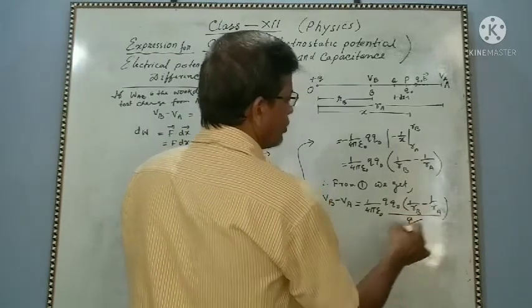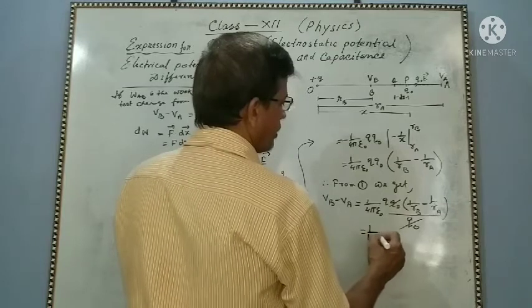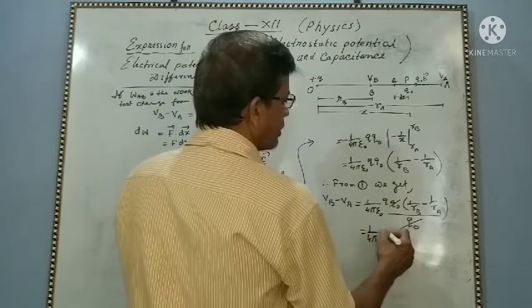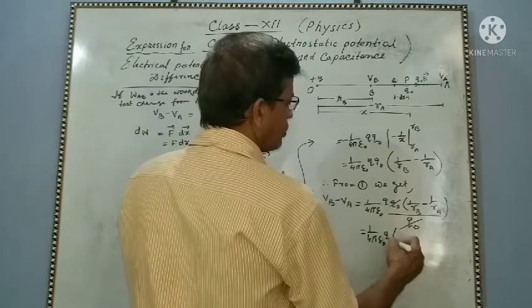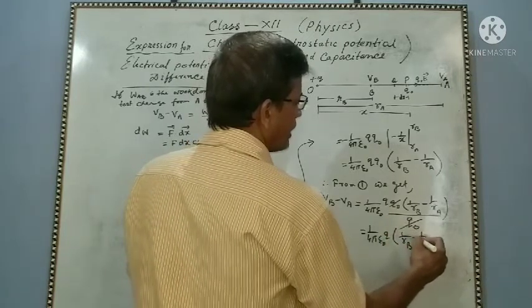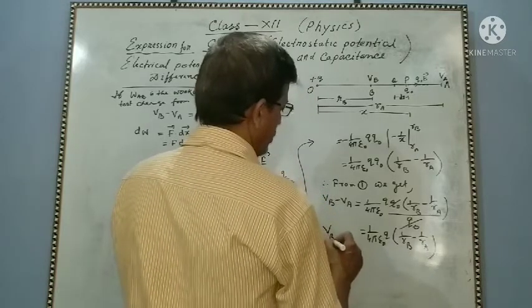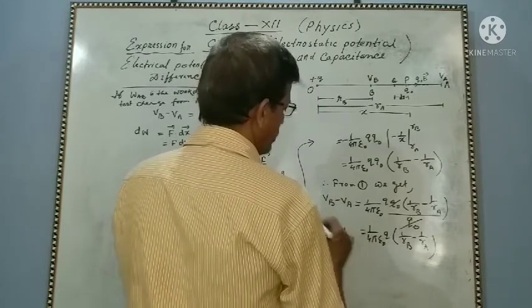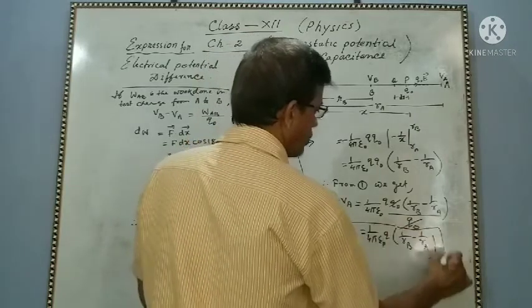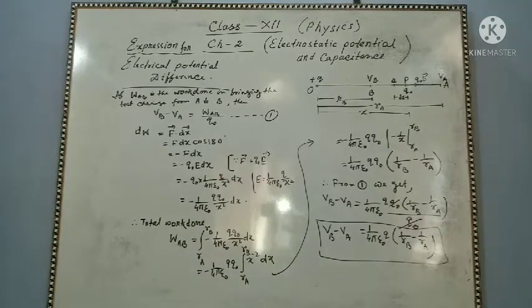Q naught cancels, so this is 1 by 4 pi epsilon naught Q into 1 by RB minus 1 by RA. This is the potential difference between the two points A and B.